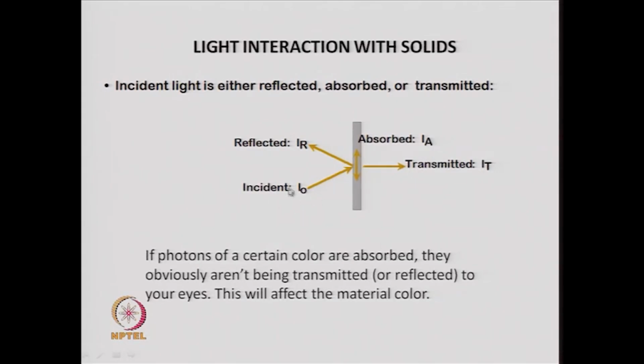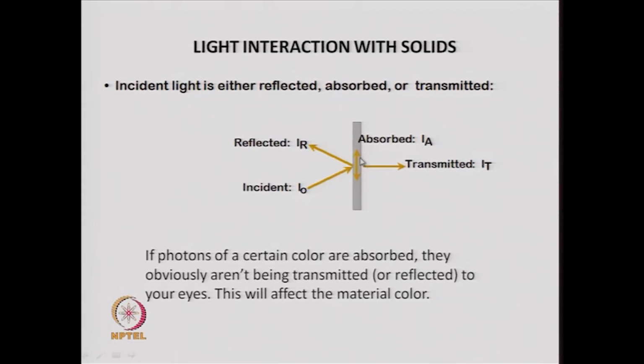So, I naught, which is the incident beam, should be equal to the sum of the intensity of the reflected light plus the intensity of the absorbed light and the intensity of the transmitted light. If certain energy is absorbed or photons of a certain color are absorbed, they will not be seen in the transmitted beam, they will not be seen in the reflected beam, and hence it will affect the color of the material, because normally the color of the material depends on the beam which is coming to your eyes.